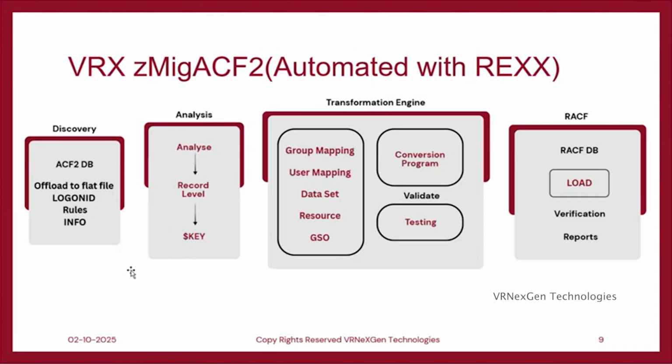Everything is consolidated with the mapping rule, and the transformation engine prepares the conversion program, which automatically converts your ACF2 resource definitions into RACF resource definitions, which can be validated and tested, and later loaded into the RACF database.